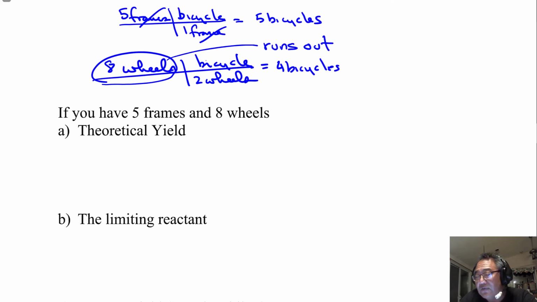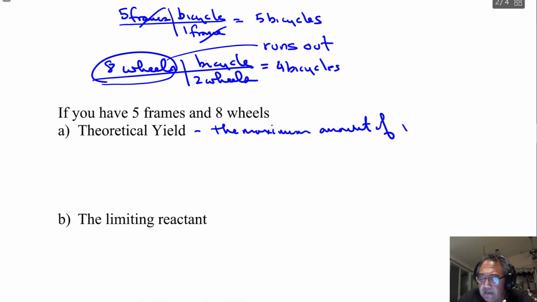But in terms of definitions, the theoretical yield is the maximum amount of product produced from the reactants.